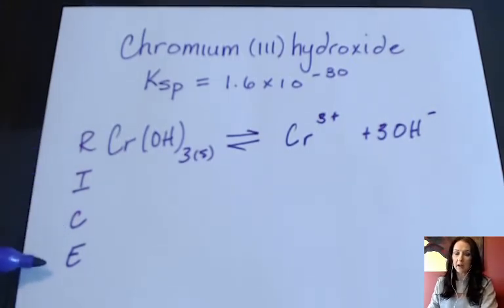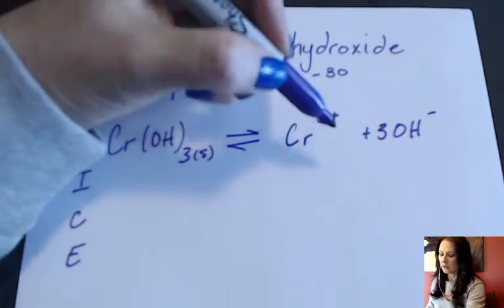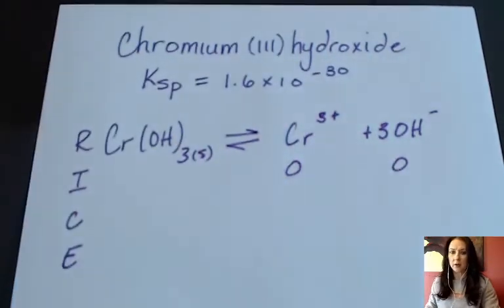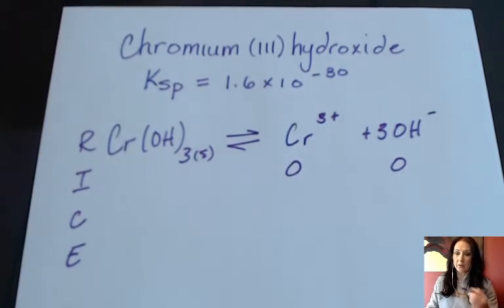This is going to tell me my concentrations at particular points during my approach to equilibrium. So initially I have all reactant, I have no product, and that's the same for any reaction. So my initial for my chromium 3 and my hydroxide are 0, and that's always going to be 0 in this table when you do a question like this, because we're taking that chromium hydroxide and dissolving it in water.